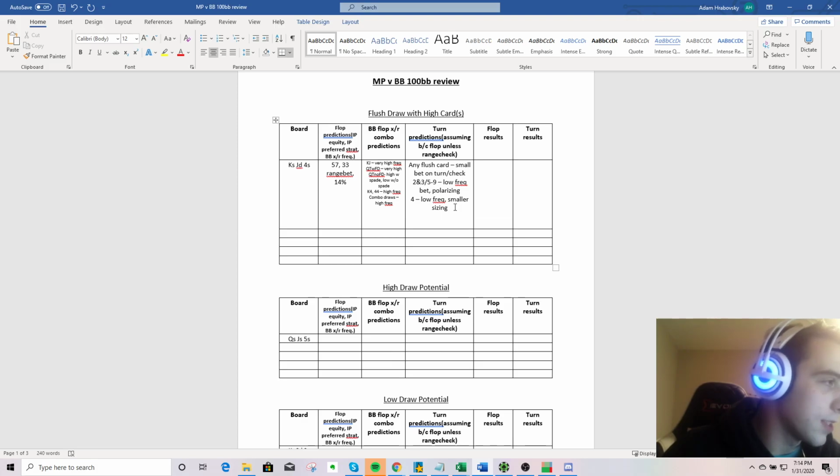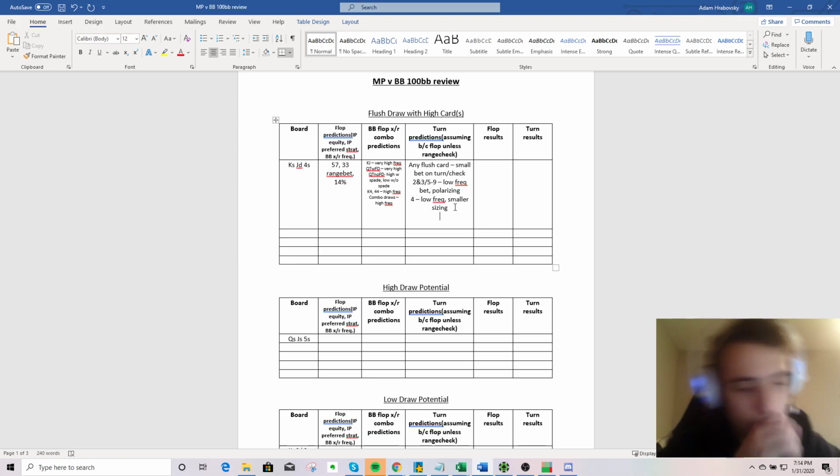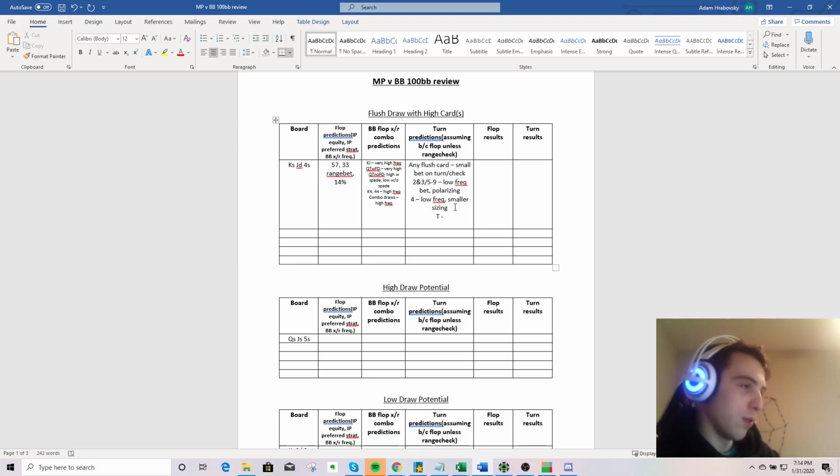So now we look at 10. So ace queen gets there, queen 9 gets there. Big blind improves to some 2 pairs. I mean, it's probably a high equity card.